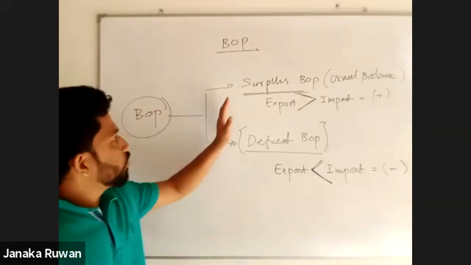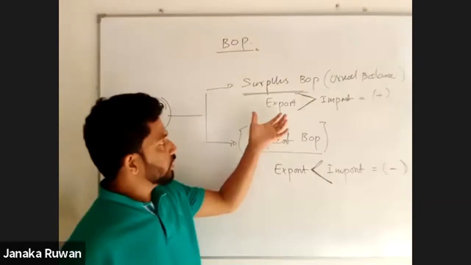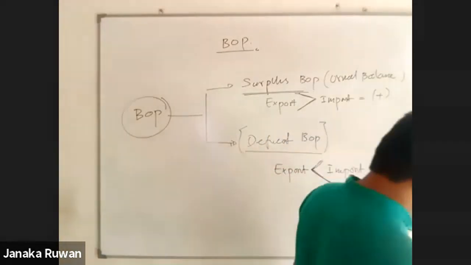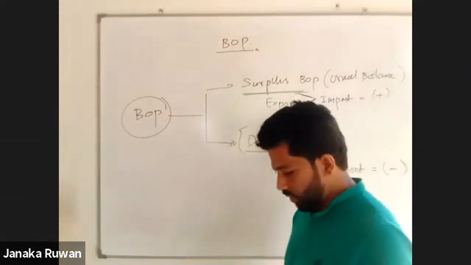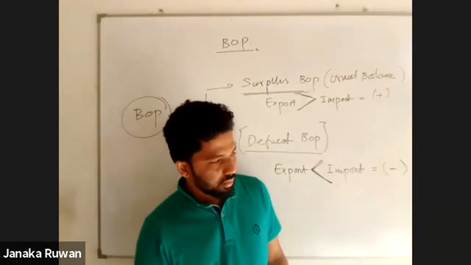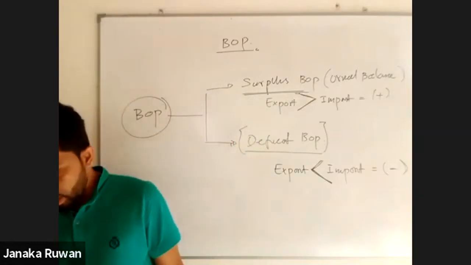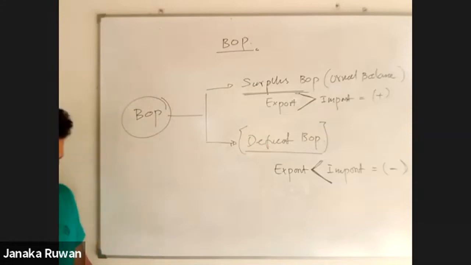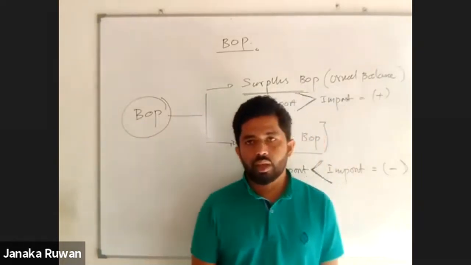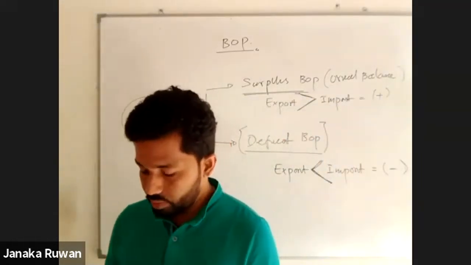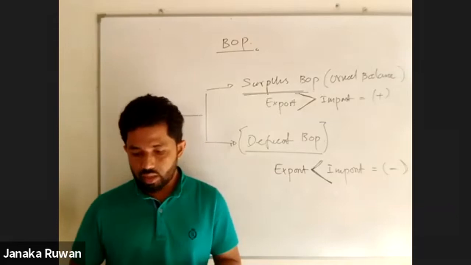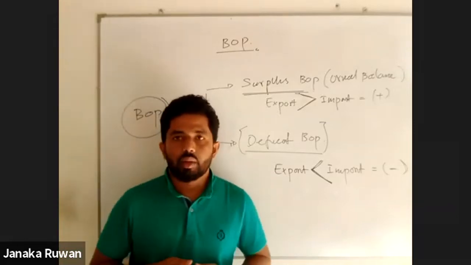We need to identify the effect of the surplus and also the effect of the deficit. In the exam paper, you need a good understanding of the effect of a balance of payment surplus or deficit. That is why we are going to discuss it. Some written questions in the second part of your A-level exam ask about the effect of a deficit and the effect of a surplus compared to other countries, the effect on the economy, and the creditability of the balance of payment.